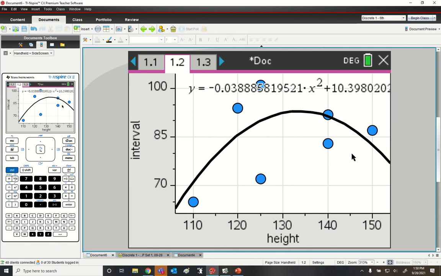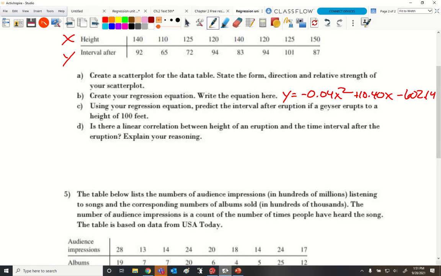So I have an equation now. We said it's quadratic. Now, what direction is this going here? Down. It's going down, isn't it? Okay, and the r squared value was what, 31%? I think so, yes? So, scatter plots state the form, it is quadratic.